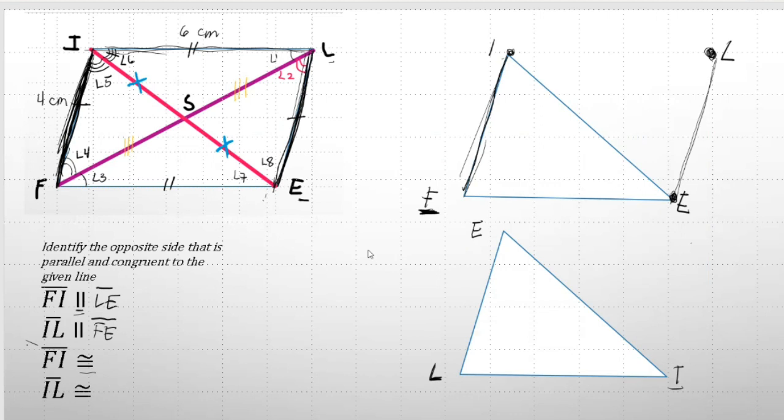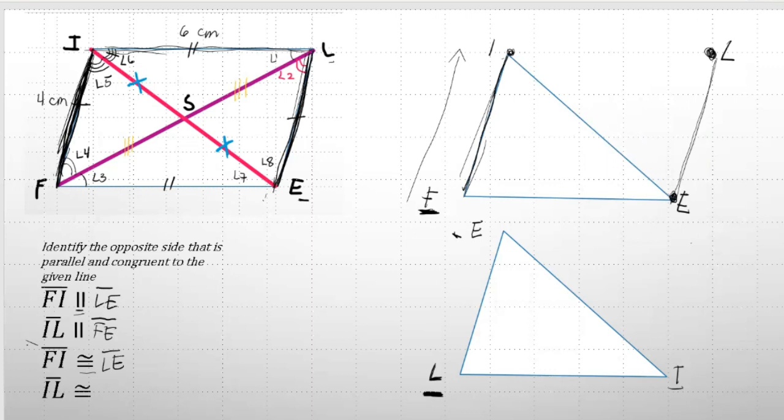So therefore, the congruence of line FI from bottom to top, then the congruence is line LE. Magsisimula din dapat tayo sa baba, then sa taas natin. Okay? So now we have the congruence of line FI, which is the line LE.